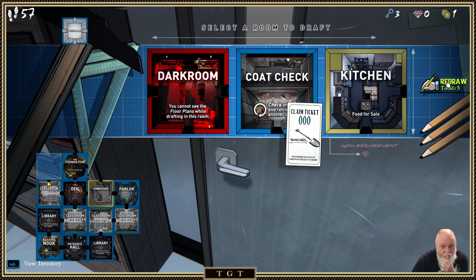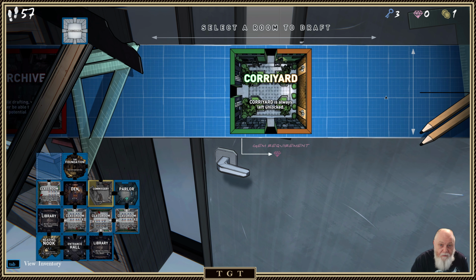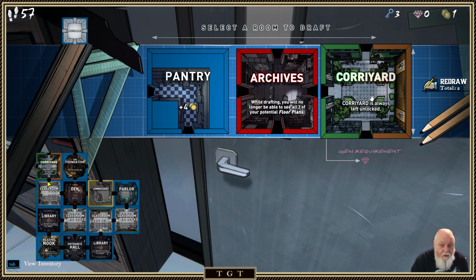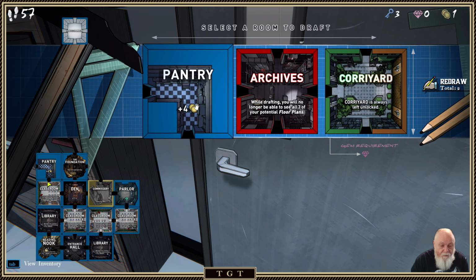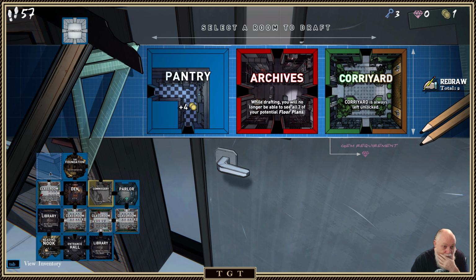I don't need the shovel at the moment. Oh, I don't have a gemstone for the courtyard. We will take the pantry, because I do want to get over here.